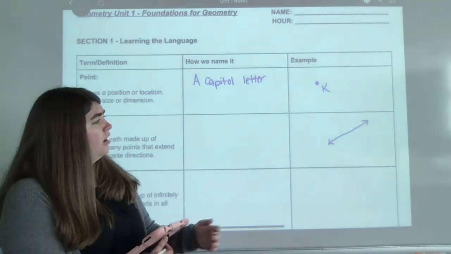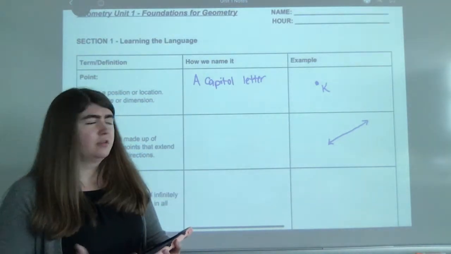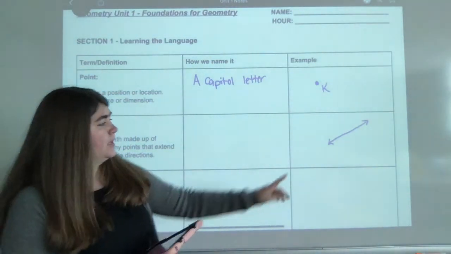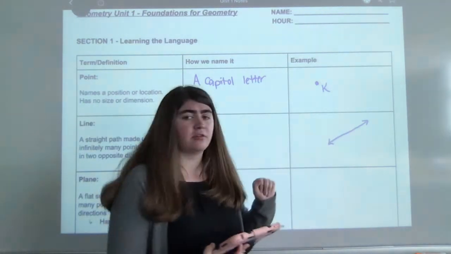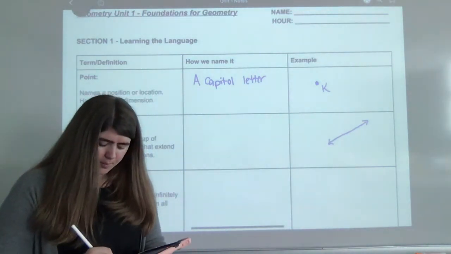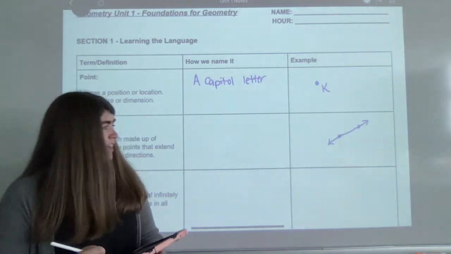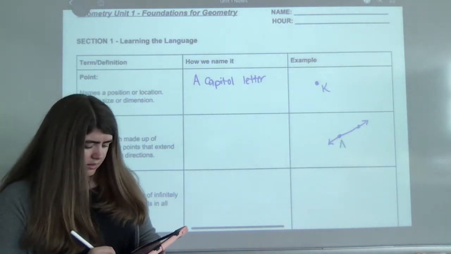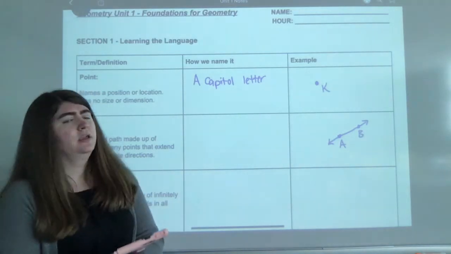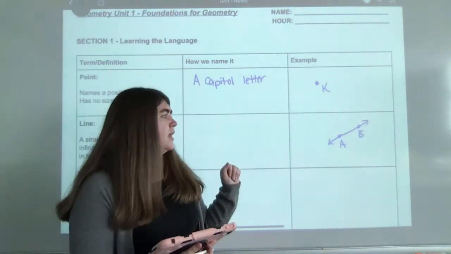On a line, we typically will have a few points highlighted, but each individual spot is also a point. We're going to put a couple on here to highlight our points, and I'm going to name those points A and B. All right, so I have point A and point B on the line.